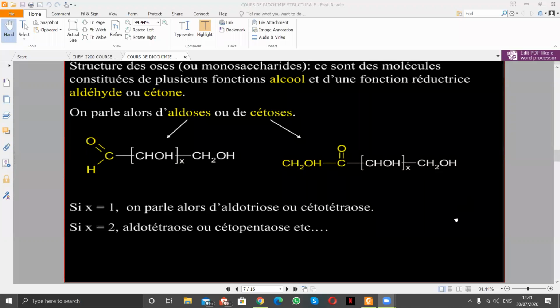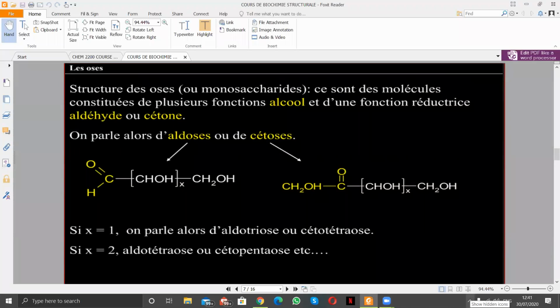To answer that question, the most common oligosaccharides in nature are disaccharides. Are we together? And a disaccharide consists of 2 monosaccharide units. Are we together? Yeah.